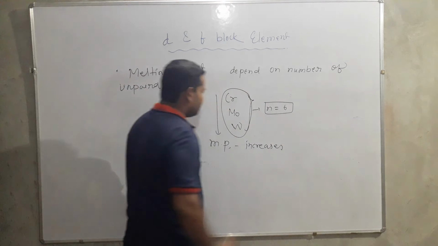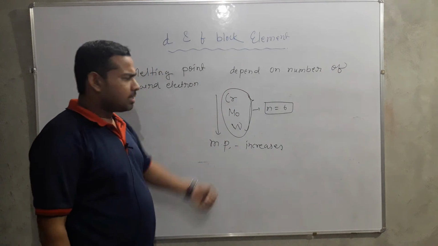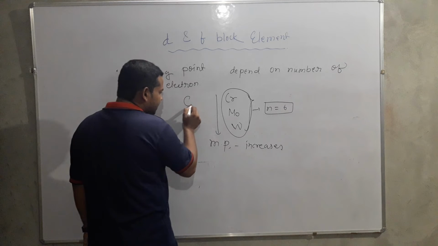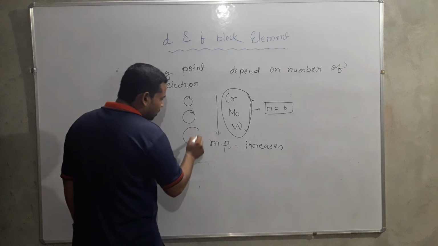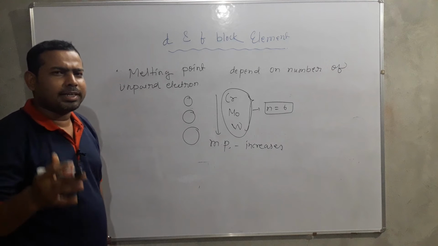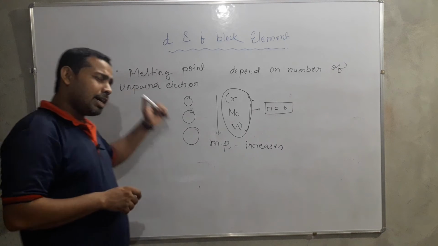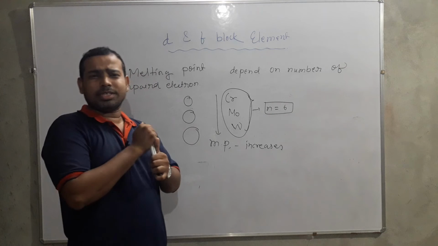Why? Although all the elements have the same number of electrons, if you go from top to bottom, their size increases. So due to the increase in size, van der Waals attraction force also increases. Clear people?